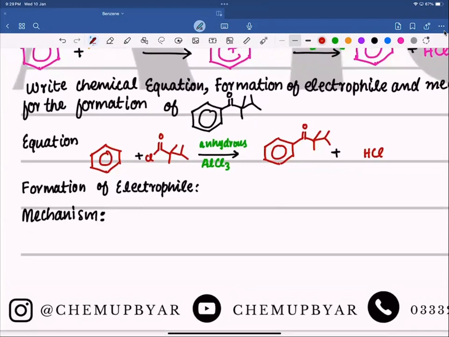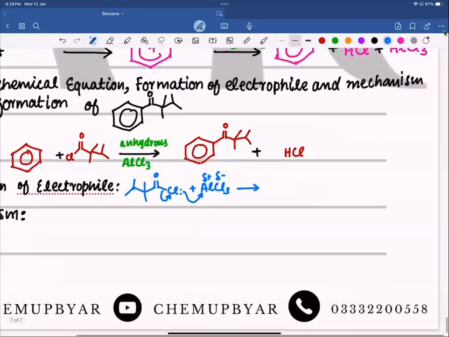Now, for the electrophile, see, I just flipped the molecule. It reacts with AlCl3. It provides its lone pair to the aluminium, which is partially positive, and breaks the bond with the chlorine.